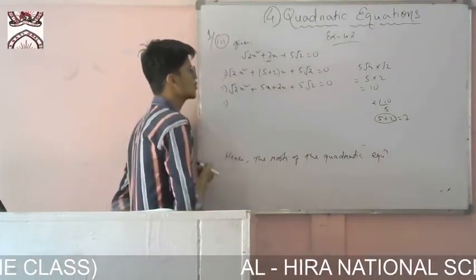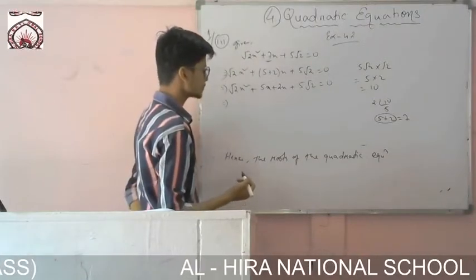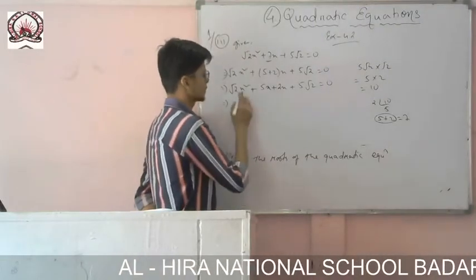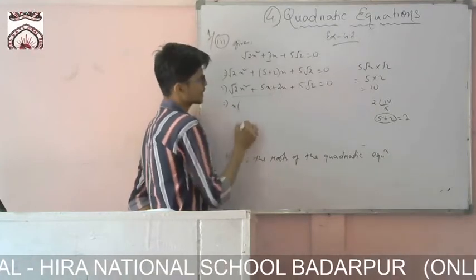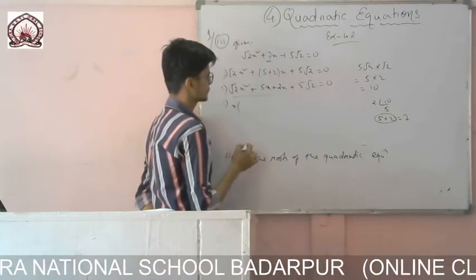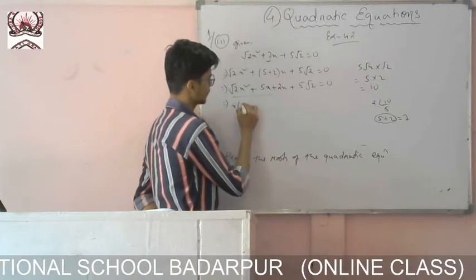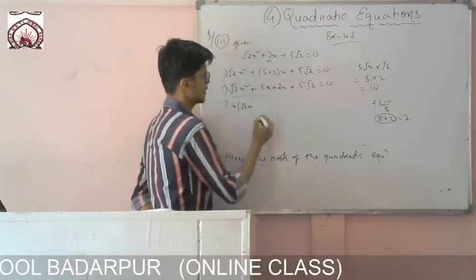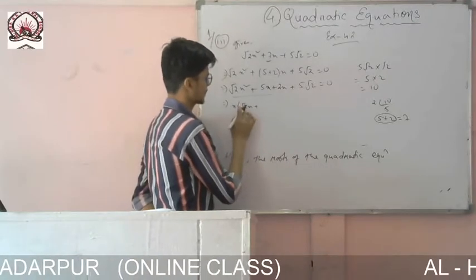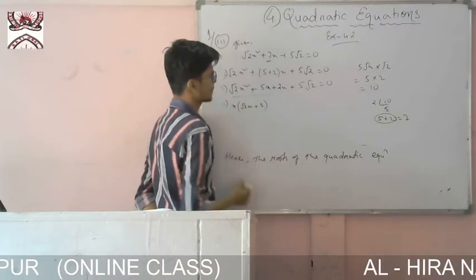So now I will take the common factor. Out of these two terms, what is common? Only x. After taking x, what is left? √2 into x is left, because √2 into x is √2x², and 5 is left.